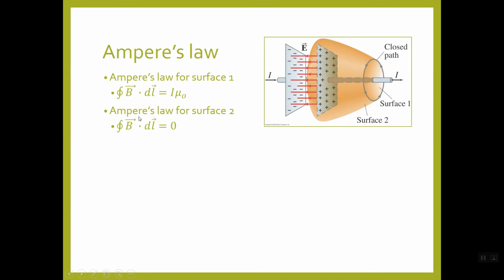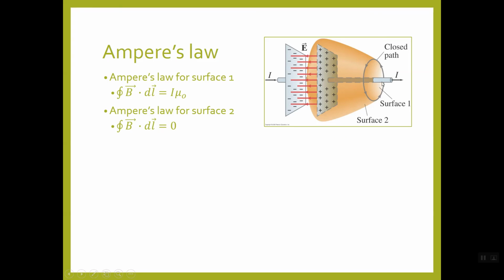And so when I apply Ampere's law, I get 0 for I enclosed, and therefore I get 0 for my magnetic field. So we have come up with a problem here, because obviously there is a magnetic field here.